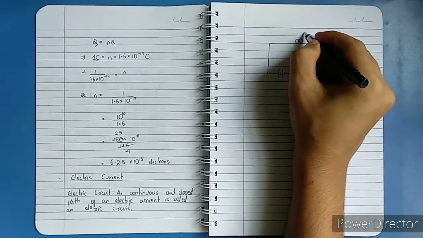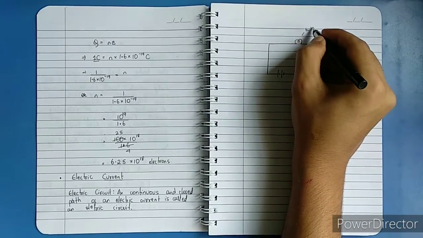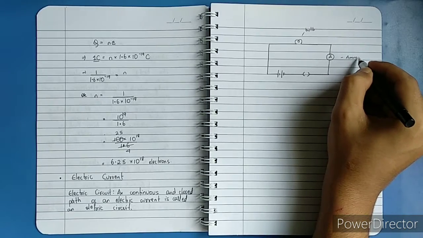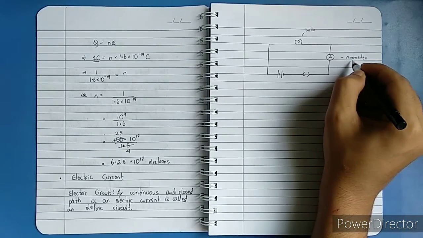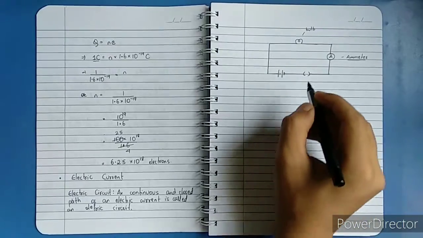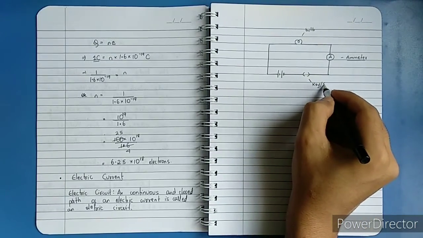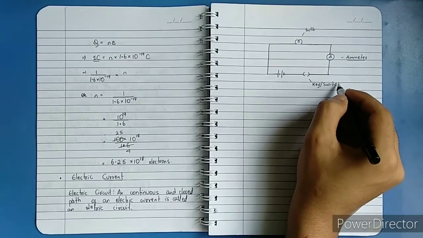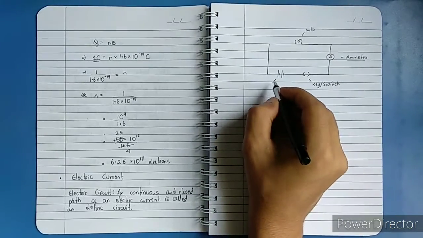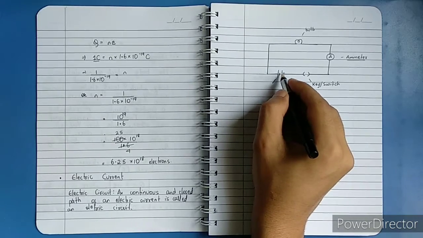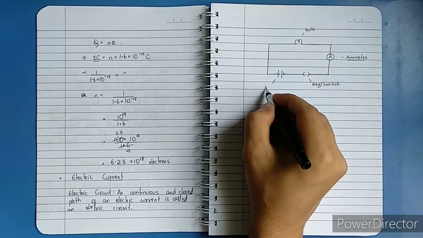This is our bulb, this is our ammeter. We'll come to what an ammeter is in some time. This is the key or the switch, and this is one called a cell. This is a combination of cells. It's called a battery.